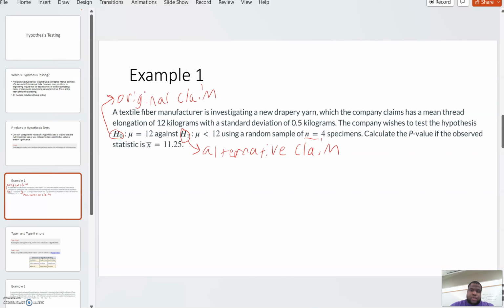We're going to use 4 specimens. So our n will be 4, and we are going to observe that the sample mean value is 11.25.